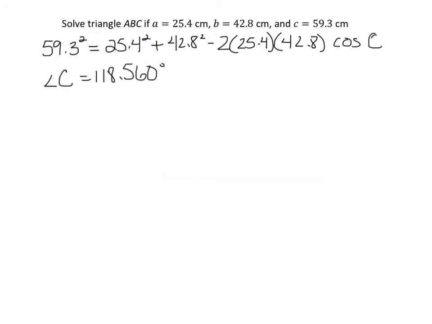Once I have angle C, I can use law of sines to find angles A and B. So, sine of C over c is equal to the sine of A over a.